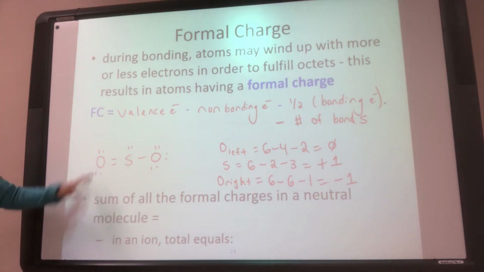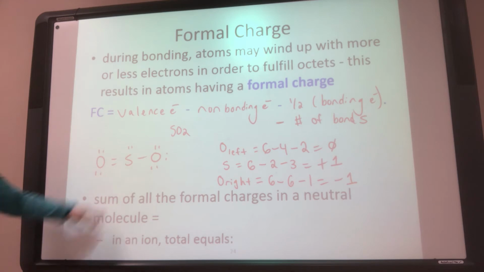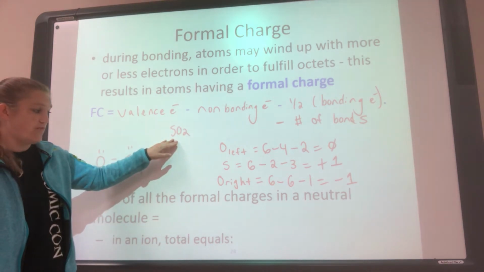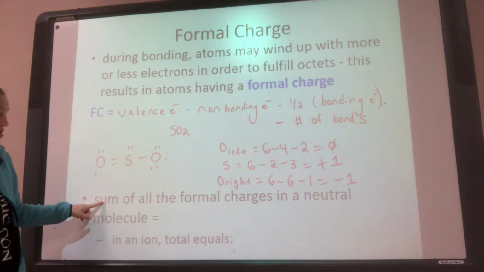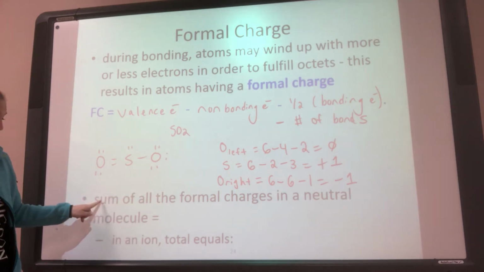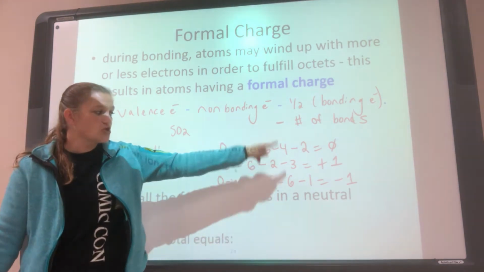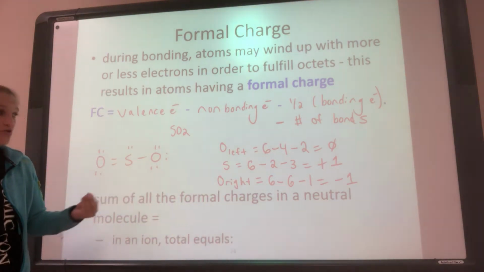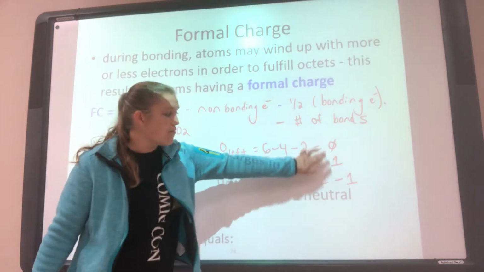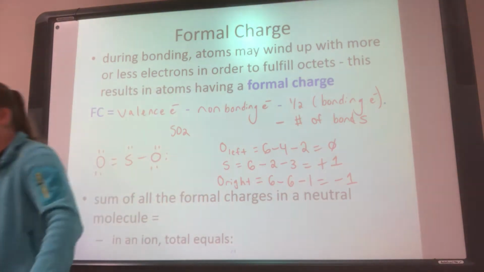Okay? Now, this is SO2. This is how I would write that. It's just SO2 is the formula. As the formula is written, it's neutral. So if my molecule is neutral, the sum of all my formal charges should also be neutral. If I add them up, 0 plus 1 minus 1, it's also 0.